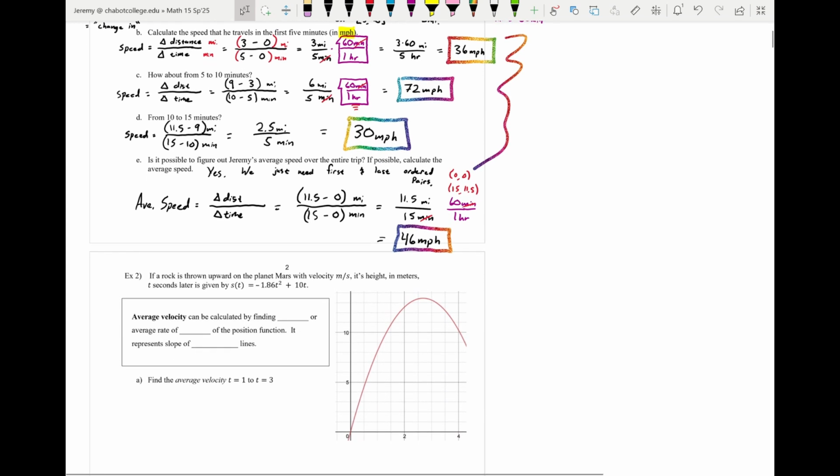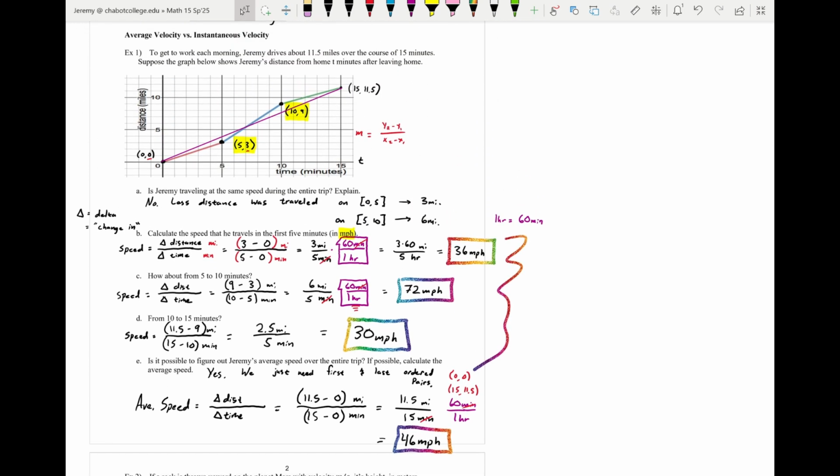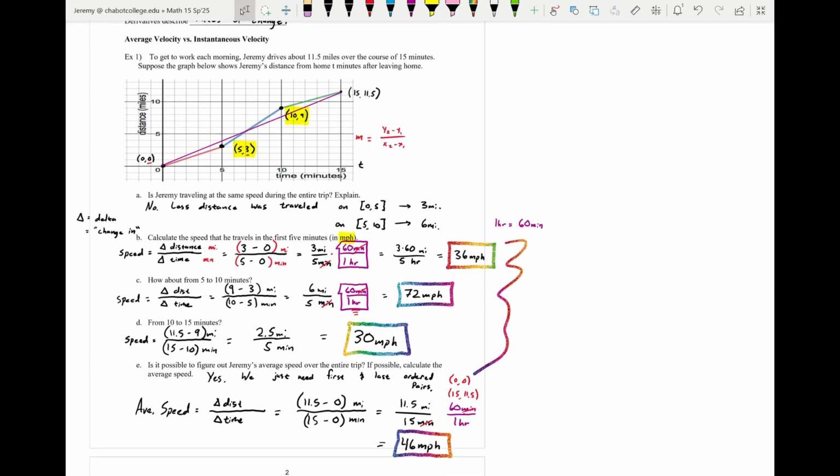So let's do another example, continuing to explore this idea of average velocity, and then we're going to work our way towards finding the instantaneous velocity.